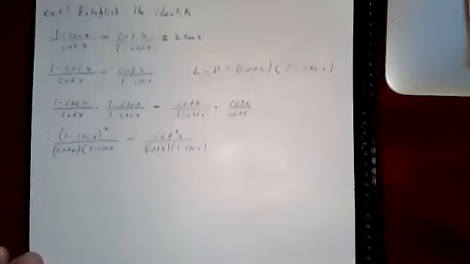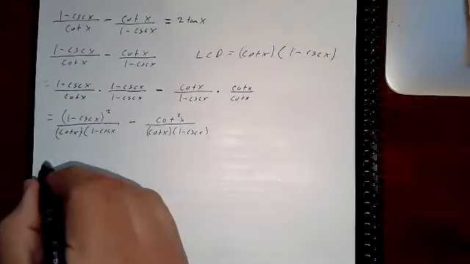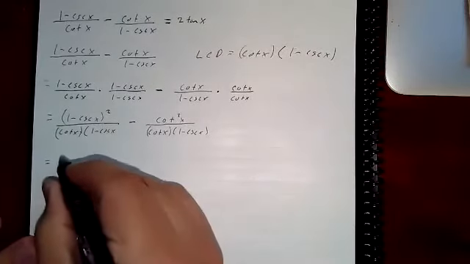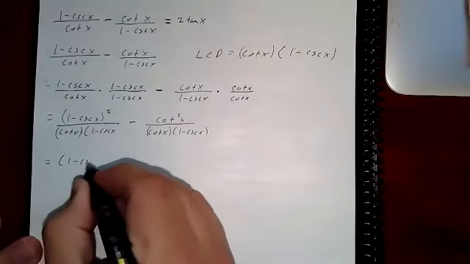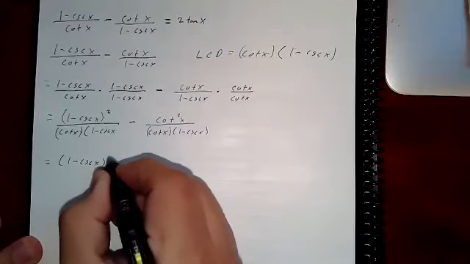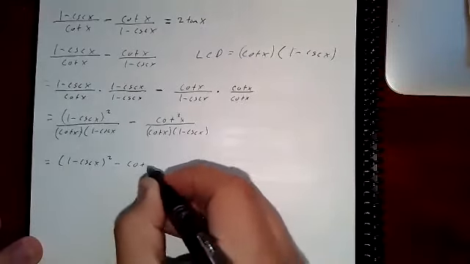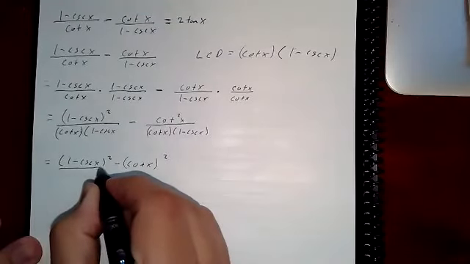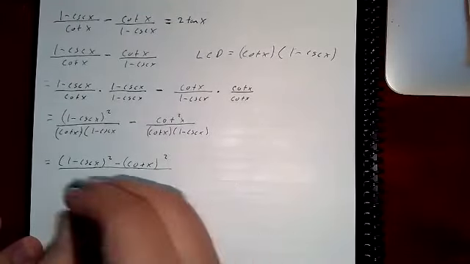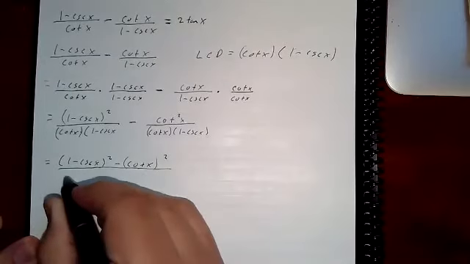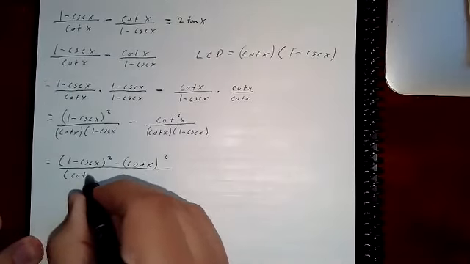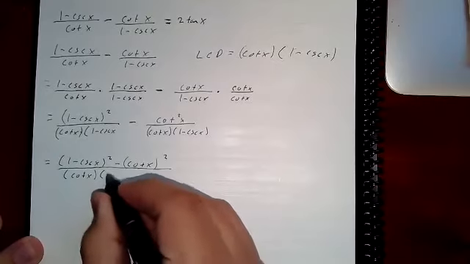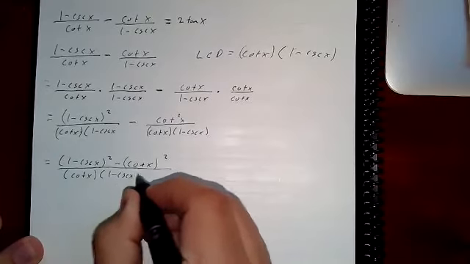So now I can add them together. So we will get this nonsense, 1 minus cosecant x squared minus cotangent x squared. You can write it this way if you want, who cares? All over cotangent x times 1 minus cosecant x.